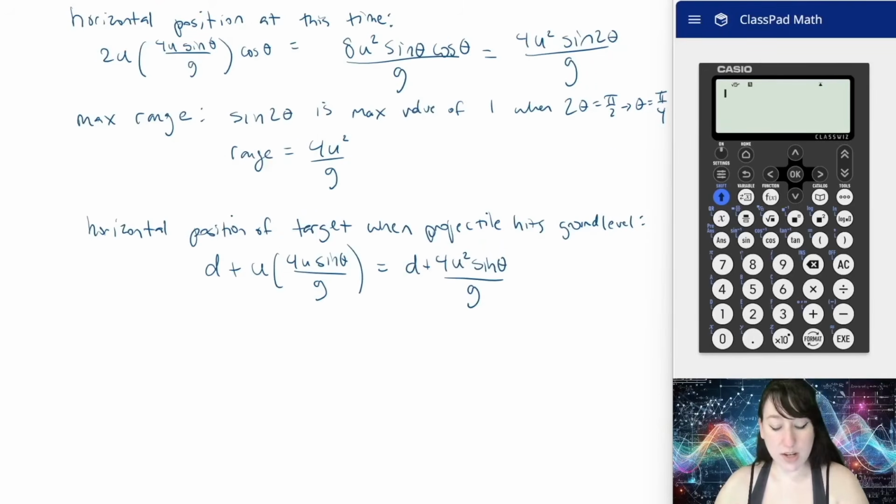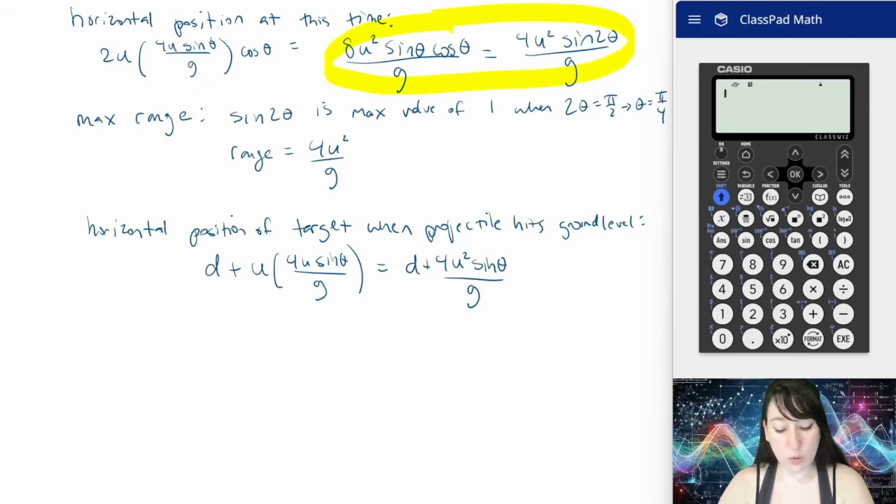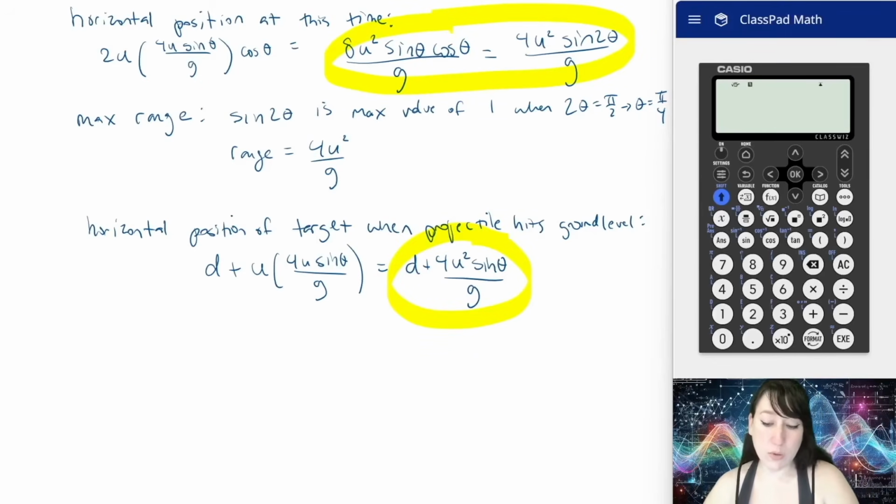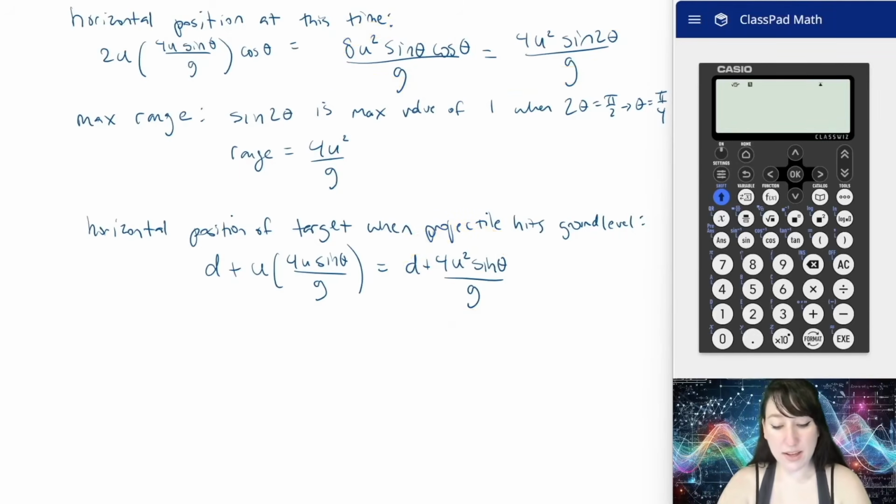So the projectile hits the target when the horizontal position of the projectile, we have two versions here. We're about to combine it with this, which involves only sine theta, so we don't want to combine that with a sine 2 theta, so we might go back to the sine theta cosine theta version.